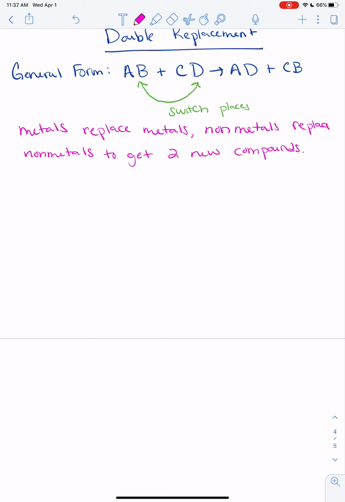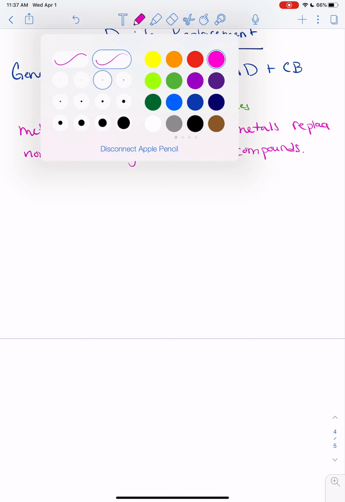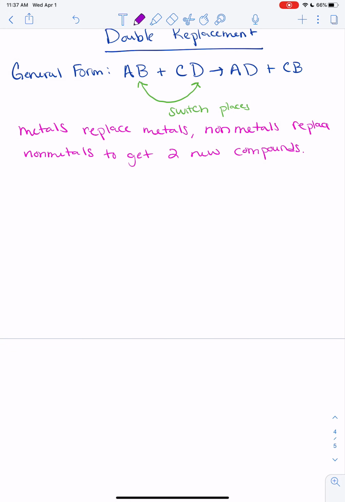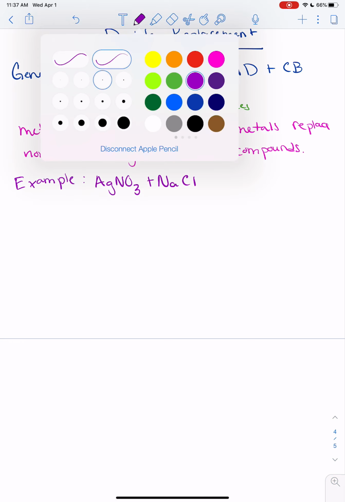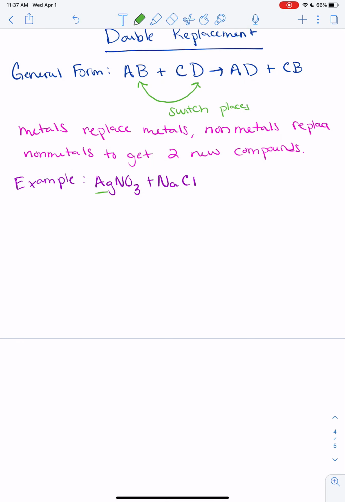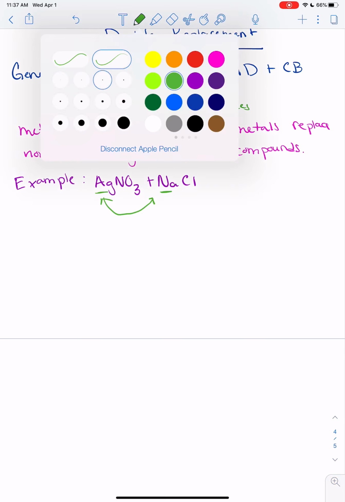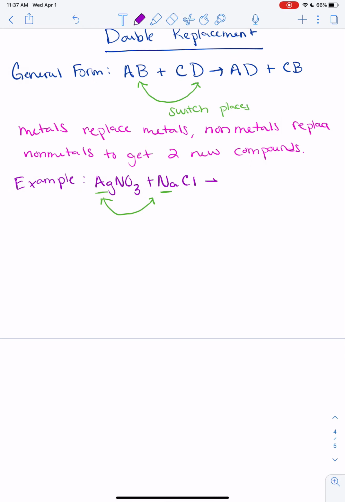Okay. So let's do an example. Here we have AgNO3 plus NaCl. So here our silver is our metal, our sodium is our non-metal, and they're going to switch. So then we end up with NaNO3 plus AgCl.